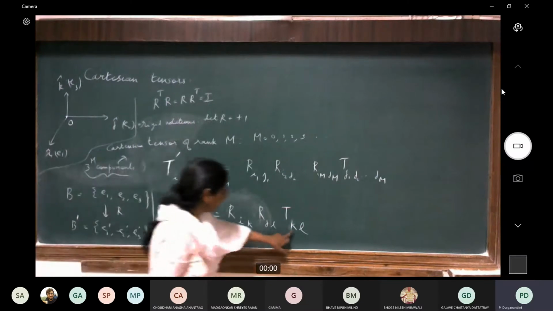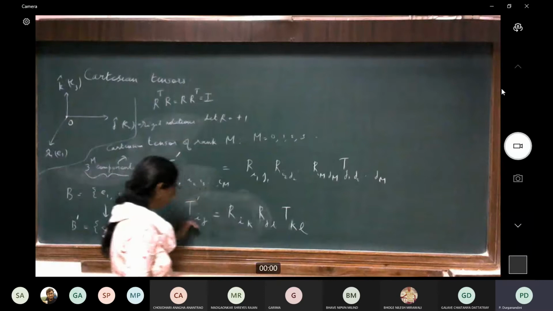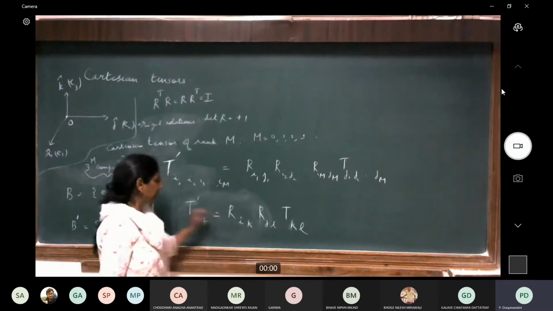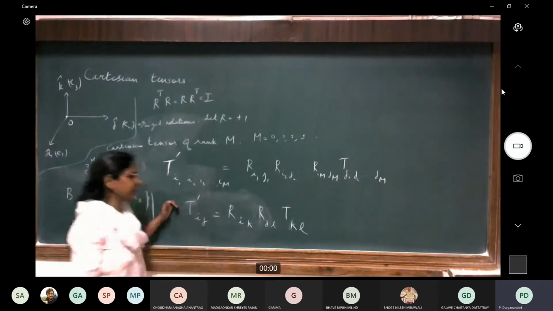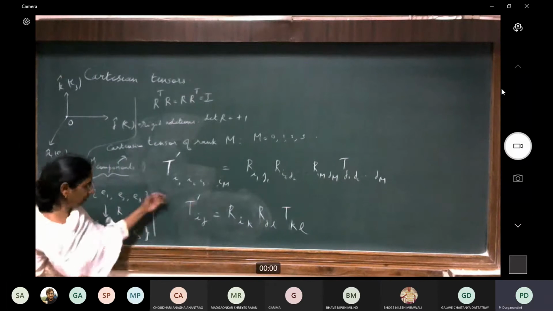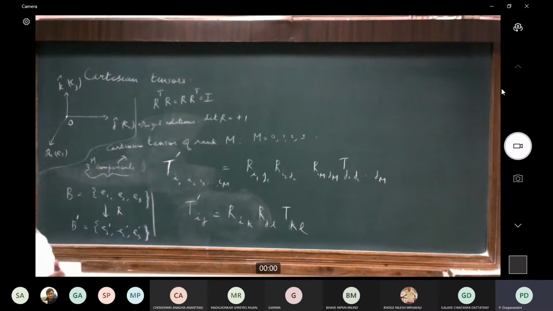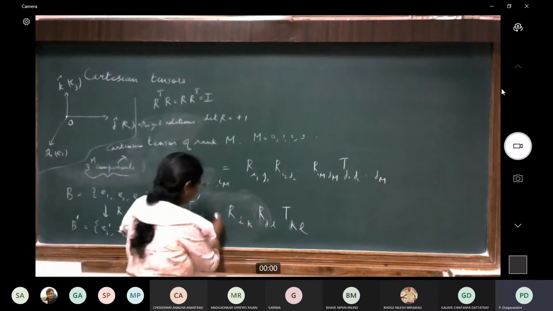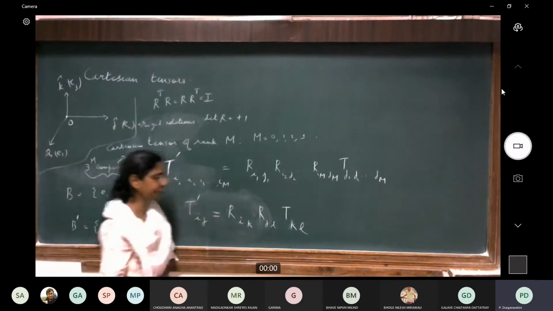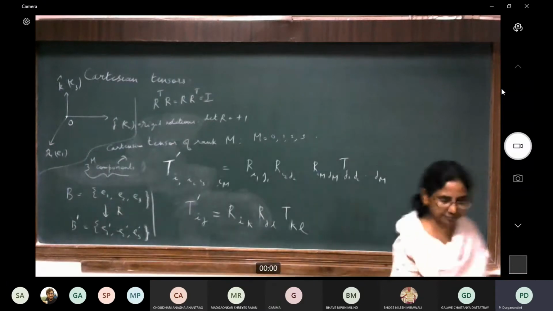So this k here and l here are repeated indices, so they are summed over, and the indices i and j are free. So this will correspond to the transformation properties of a second rank tensor. And the second rank tensor will have 3 times 3, so 9 elements. So the 9 elements will get mixed up under rotations in this particular case. Only then will I say that those 9 elements constitute the second rank tensor.